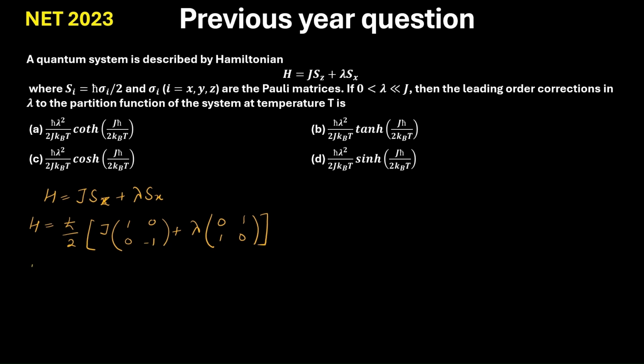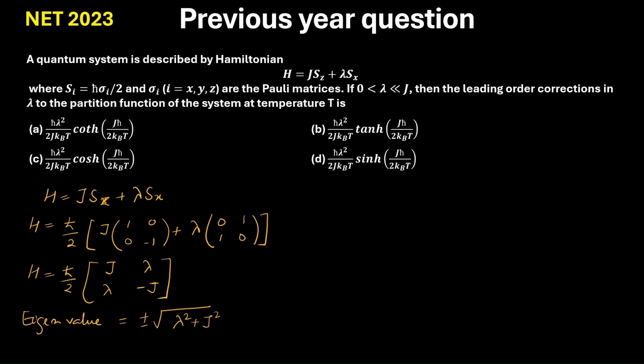Now if we sum these two, we will get J, lambda here and minus J. Now this is the Hamiltonian matrix. Now from the Hamiltonian matrix, we'll find the eigenvalue. So you can pause the video and you can solve for the eigenvalue. So the eigenvalue will be plus minus root over lambda square plus J square.